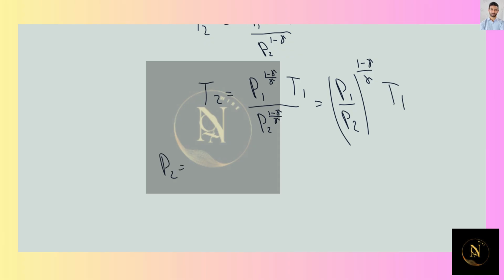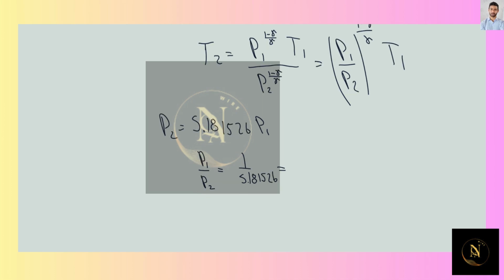Since P2 is equal to 5.18526 P1, the factor P1 over P2 is going to be equal to 1 over this number, which is 0.193. So with this, T2 would be equal to 0.193 elevated to the 1 minus gamma over gamma.